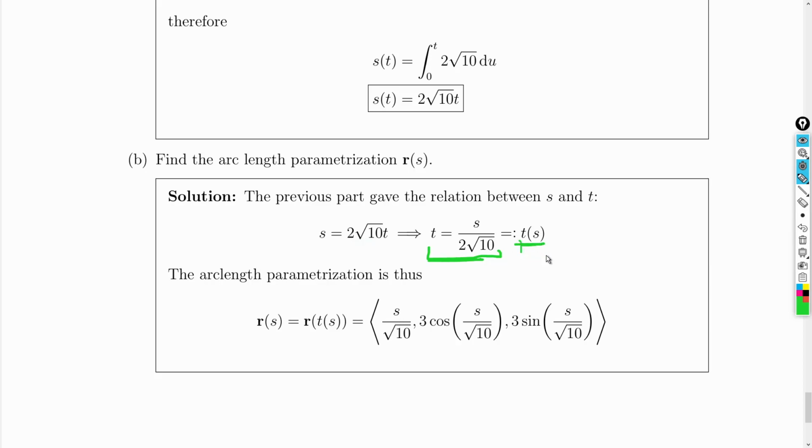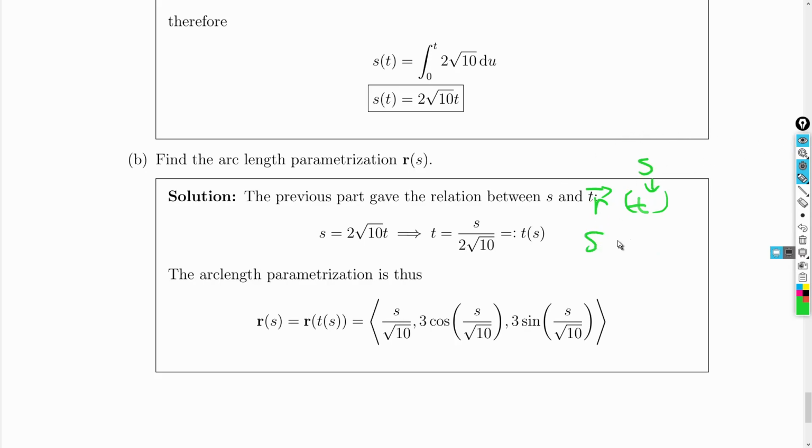The reason that we do that is because we were given this parametrization of a curve in terms of t, and I want to produce a parametrization of the curve in terms of arc length. So really what I want is to be able to feed in an arc length.